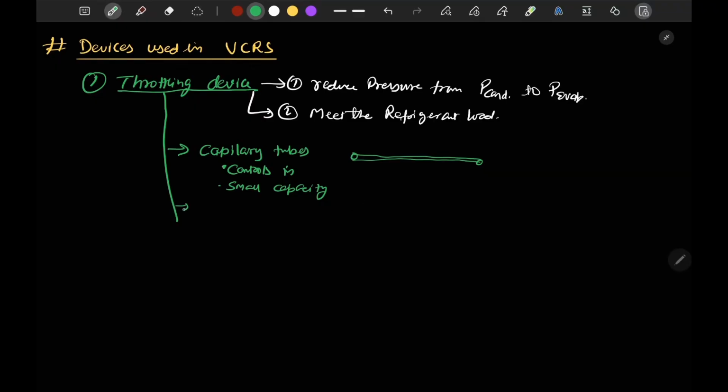Next is the constant pressure expansion valve, also called the automatic expansion valve.